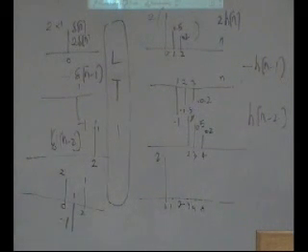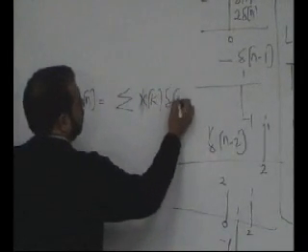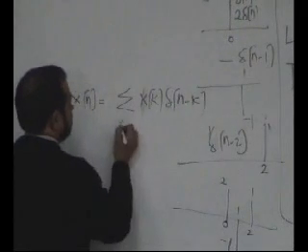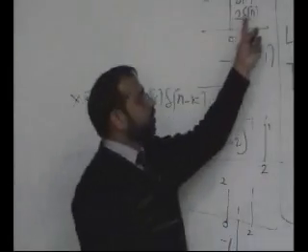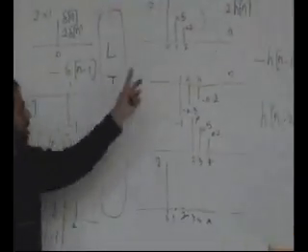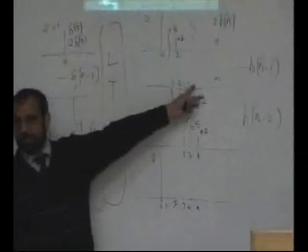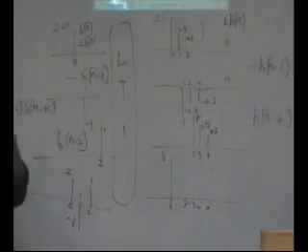Any signal x of n can be written this way. And now I know that every impulse gives me an impulse response. A shifted impulse will give me a shifted impulse response. A weighted impulse will give me a weighted impulse response.